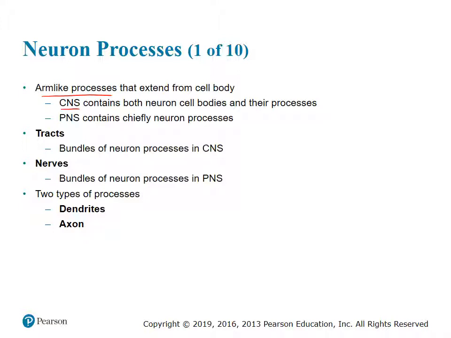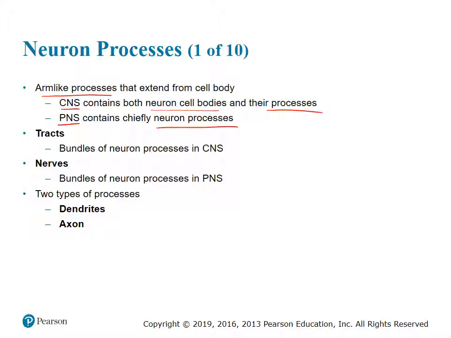In the CNS, the CNS contains both the cell body itself and its processes, or the extensions. Mostly in the PNS, we've got just the neuron processes, and the cell body is not part of that.